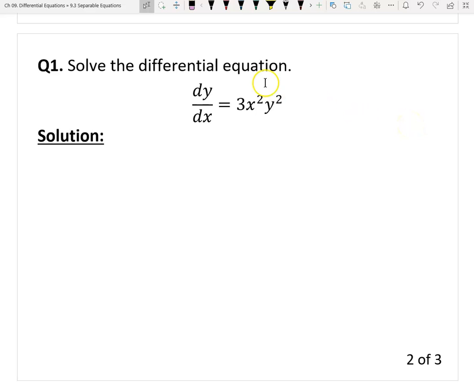So what do we do? The first step, we need to separate. Let me rewrite the equation in this way. We're going to separate the x and the y, separate the variables. It's easy to do, right? In this equation, we multiply dx on both sides and then divide both sides by y squared.